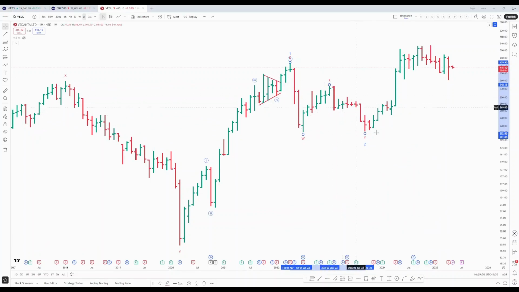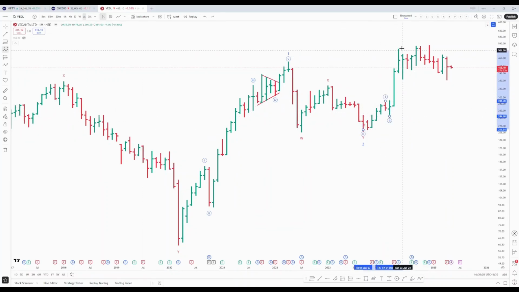And now after this we can see another 5 wave. This is 1 2 3 4 5. So here also if you will notice, and I think this will be more clear in smaller time frame, you can see this kind of structure.